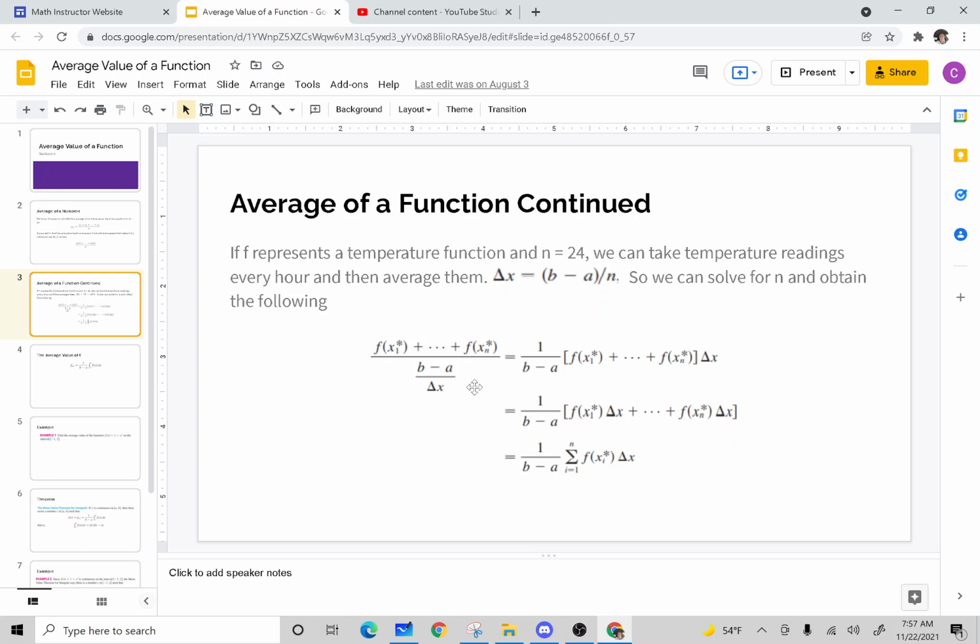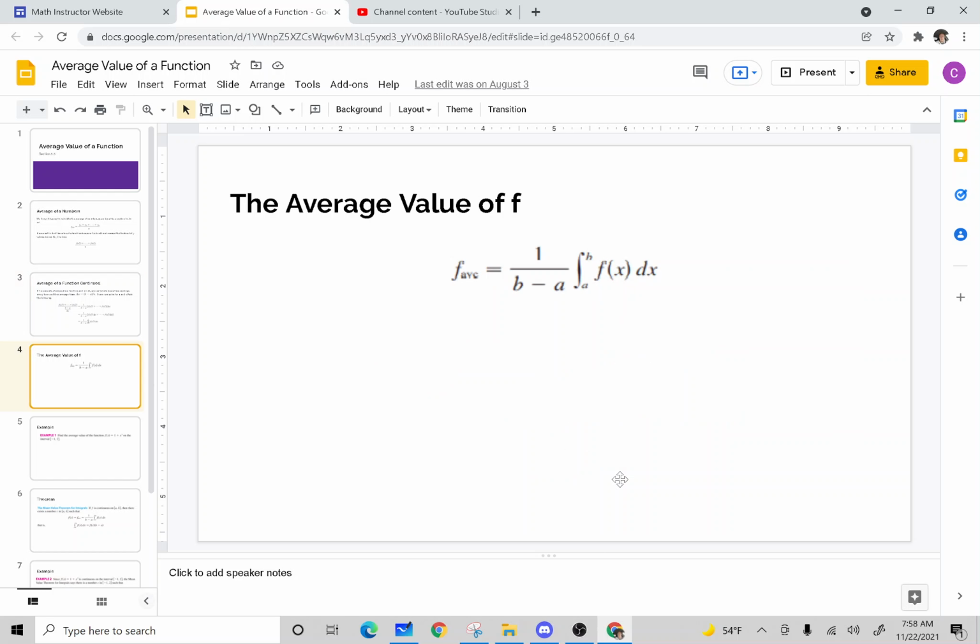We end up flipping over the 1 over (b minus a) and multiplying by the change in x, and you get the nice equation with 1 over (b minus a) and then the summation, which ultimately turns into the integral. So we have 1 over (b minus a) and then your integral function.